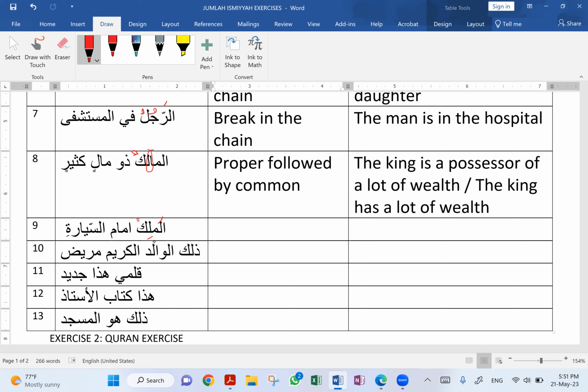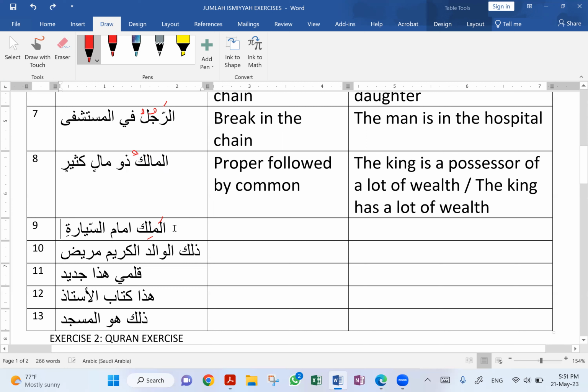Maliki Yawmiddin. But then you go to some places in the world and they read that ayah, Maliki Yawmiddin, the owner of the Day of Judgment. We read it as the king of the Day of Judgment. Some people read it as the owner of the Day of Judgment. So Malik is the owner. This is the owner. This is king.